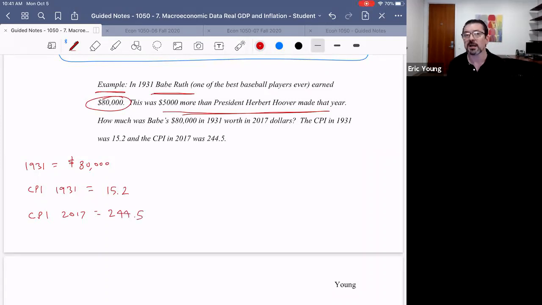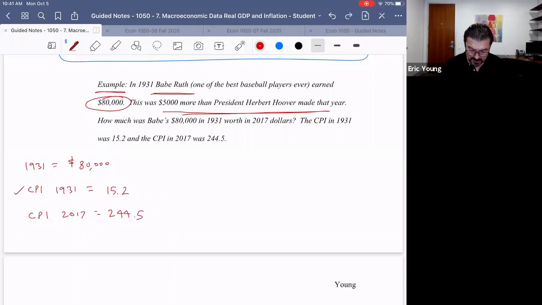Notice that since you have the price index for 1931 and for 2017, you could calculate the inflation rate between 1931 and 2017 by doing new minus old divided by old. You would do 244.5 minus 15.2 and divide that by 15.2.